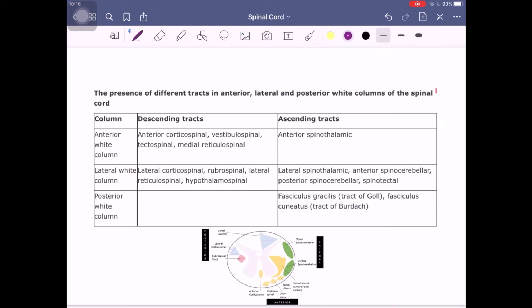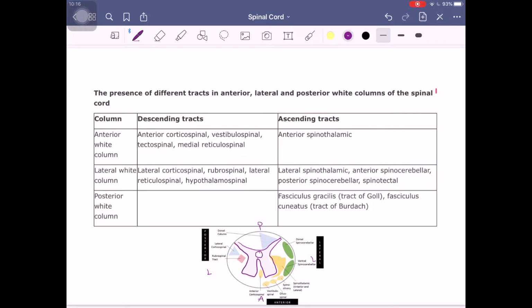Here in this diagram, the one in front is anterior, this is posterior, and these are on the lateral side. In the center, what you're seeing is the butterfly-shaped or H-shaped gray matter with the central canal.